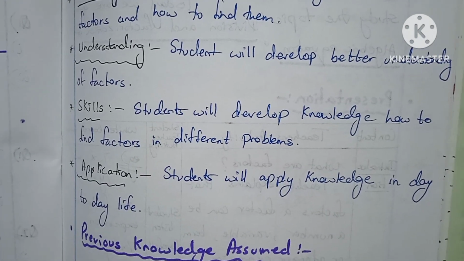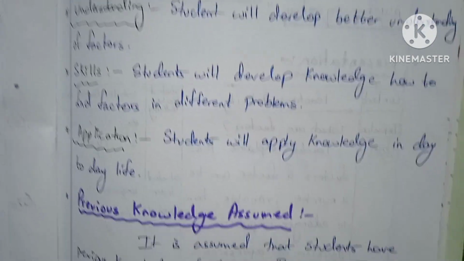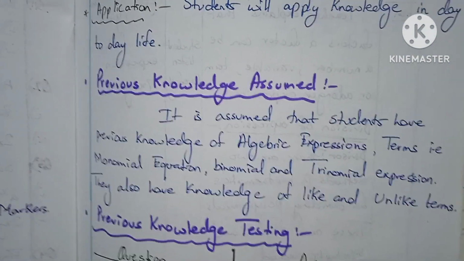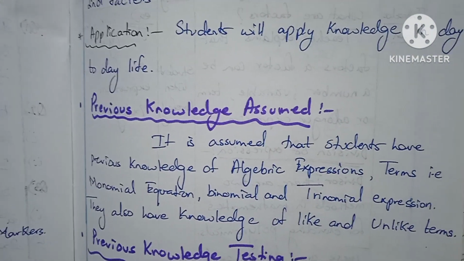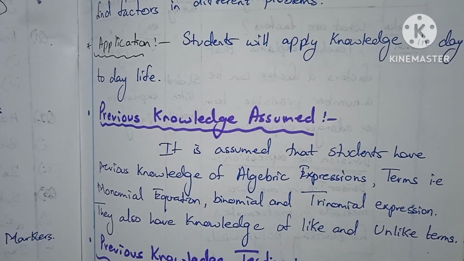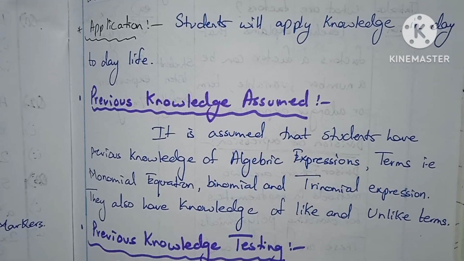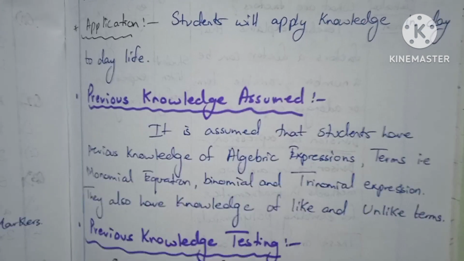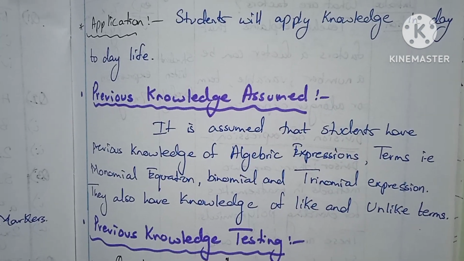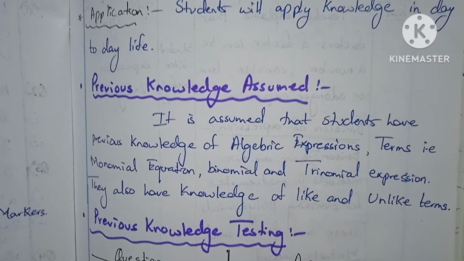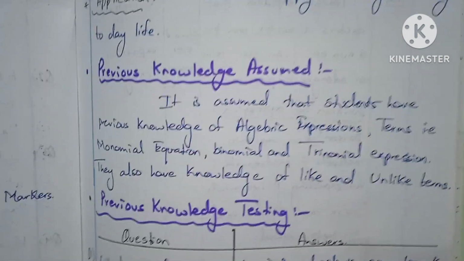Applications: students will apply knowledge in their day to day life. Previous knowledge assumed: students have knowledge of algebraic expression terms, that is monomial, binomial and trinomial expressions. They also have knowledge of like and unlike terms.